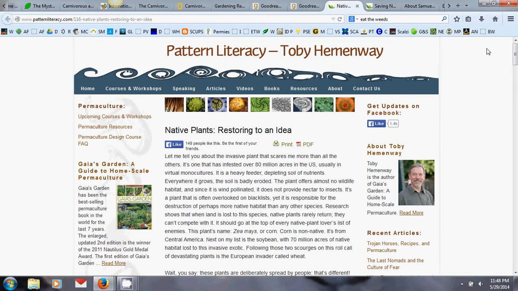And he even makes the point that we're already tilling hundreds of thousands of acres and then putting in these monocrops of exotic plants.